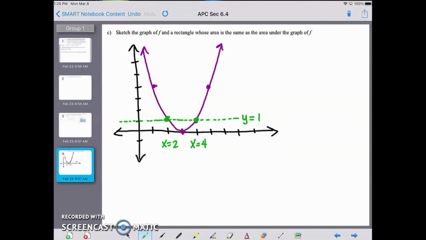And so now part C says, sketch the graph of f and the rectangle whose area is the same as the area under the graph of f. Because remember, the function that we were looking at here was y equals (x minus 3) squared, and this was on the interval from 2 to 5.